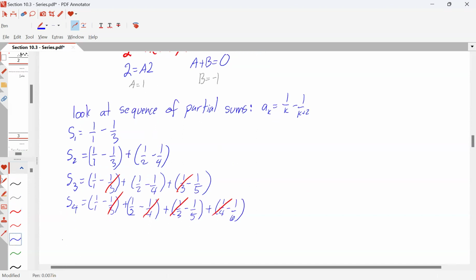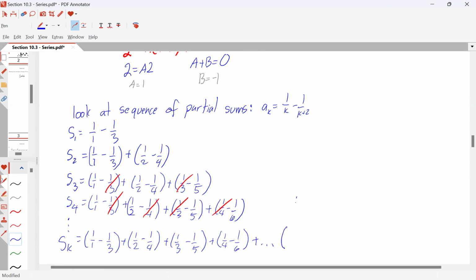Writing out S sub k, it's 1 over 1 minus 1 over 3 plus 1 over 2 minus 1 over 4 plus 1 over 3 minus 1 over 5 plus 1 over 4 minus 1 over 6 plus, and we continue up, and eventually we'd be plugging in k minus 1 here.